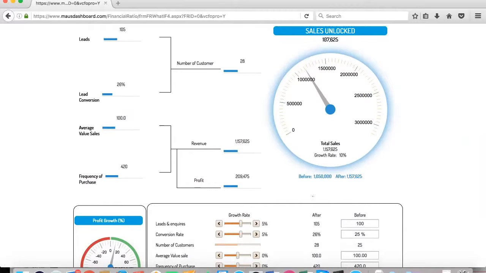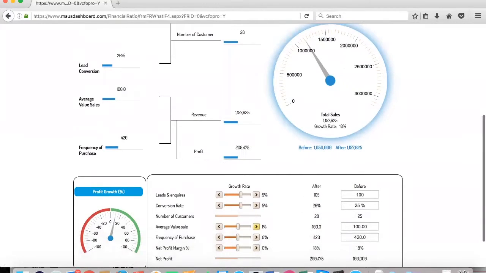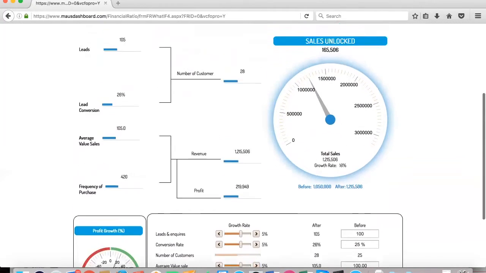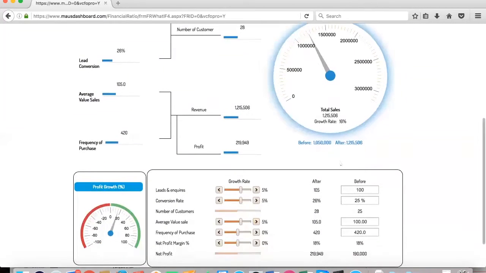And that is not too bad, I don't think. I think we can also increase the average sale a little bit. So let's improve that, shall we? Hey, that's cool. So now we have 1.2 million. And you will say, oh, that's easy to dial the button there. Yes, and it is. But there's so many ways where you can increase this.